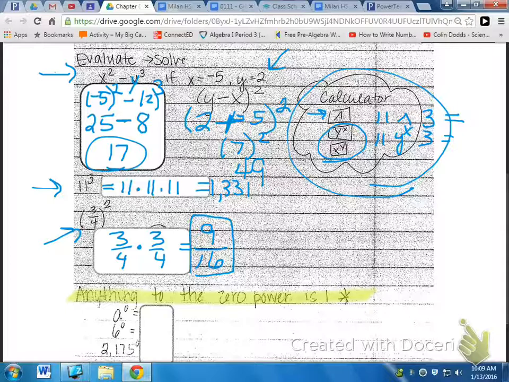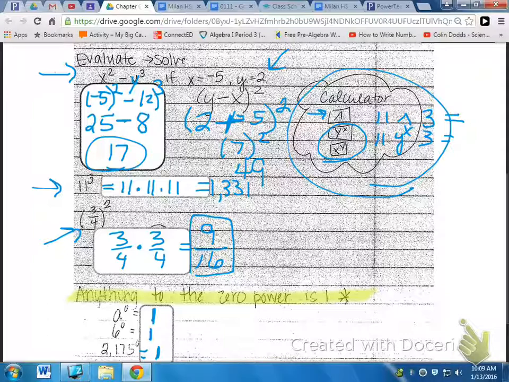If you have a variable like a to the 0 power, no matter what a is, you can evaluate that to be 1. Just a random number, 6 to the 0 power, evaluates to 1. And then finally, 2,175. I'm just pulling out a bigger number, but it's to the 0 power. That means it really equals just 1.